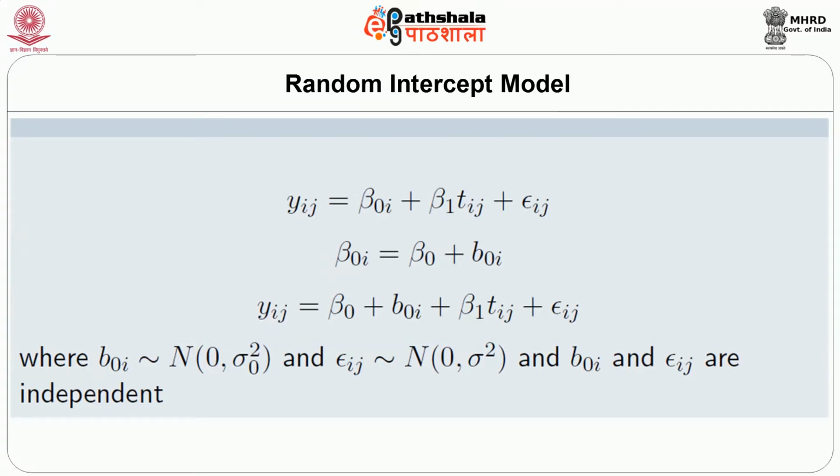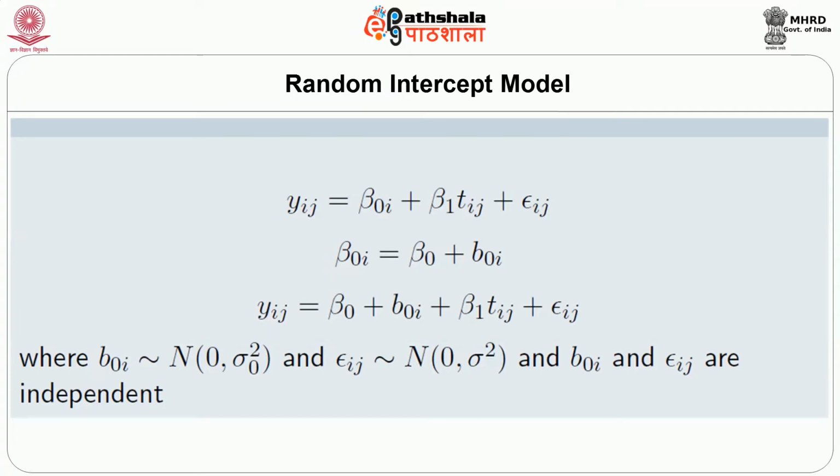So, putting beta_0 plus b_0i instead of beta_0i, what we get is y_ij equals beta_0 plus b_0i plus beta_1 T_ij plus epsilon_ij, meaning that y_ij now has basically two components. One is the fixed component, that is beta_0 plus beta_1 T_ij. This means that at the time point T_ij, there is a population level value which is equal to beta_0 plus beta_1 T_ij.